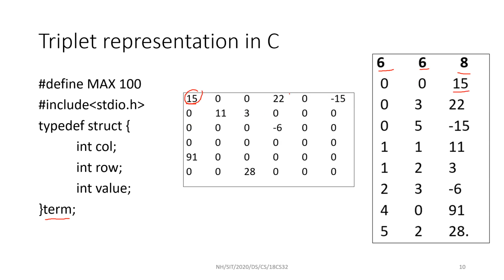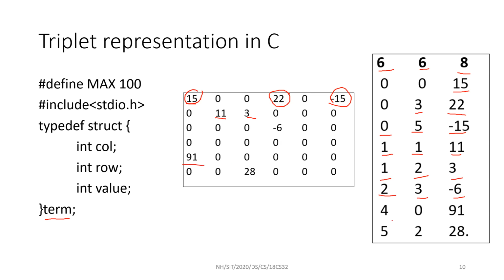The second non-zero value is in the 0th row, third column, and that is 22. The next non-zero value is minus 15, in the same row, fifth column. The next non-zero value is in the first row, column 1, value 11. In the same row we have one more, at column 2, value 3. In the next row the value is minus 6, at column 3.